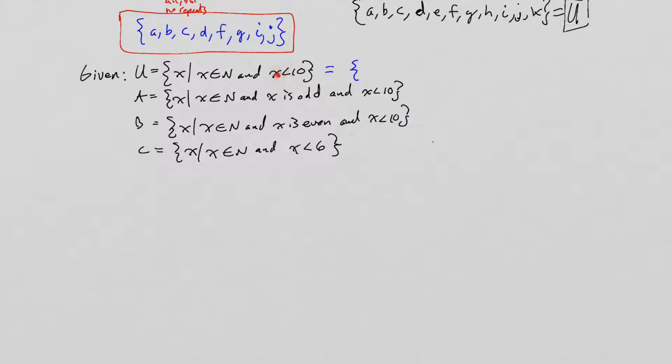So the last number would be a 9. Okay, and you just keep reading this. We've got odd, even, and less than 6. So let's go ahead and you should be able to do this. So I'm going to go ahead and pause it, and you should be able to fill this in roster form yourself and see how you do in a few minutes.